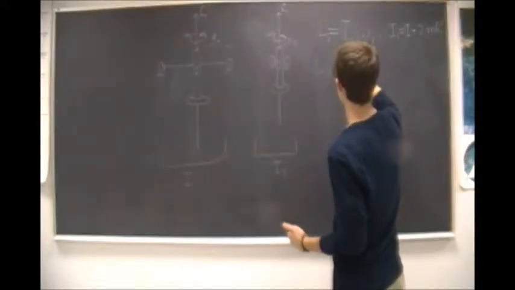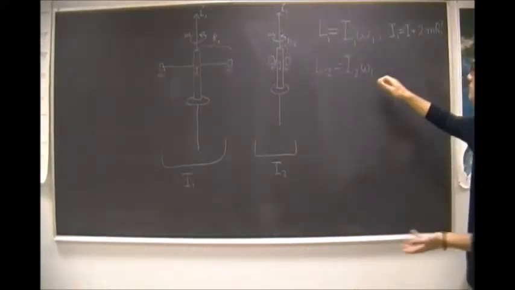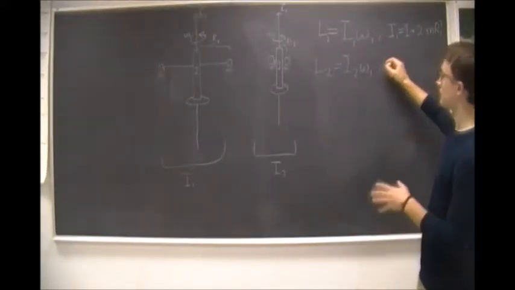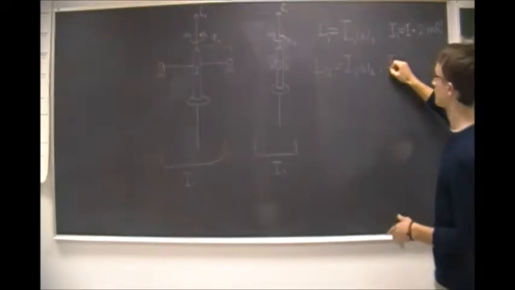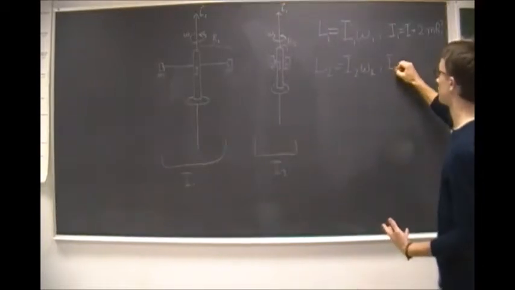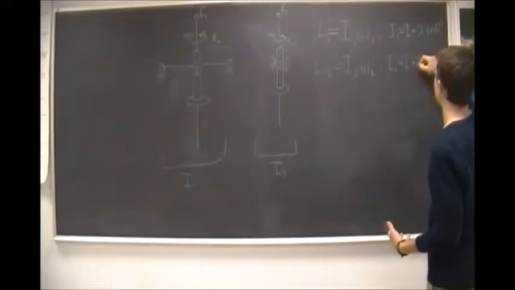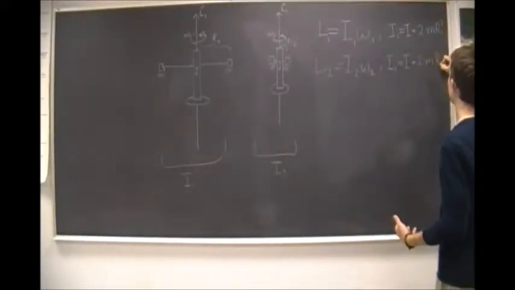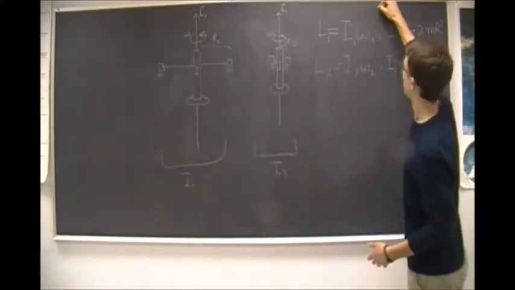It's the same as above, but this time the difference is that he has a new angular velocity and he also has a new moment of inertia, which is this right over here. Notice how the r's changed.